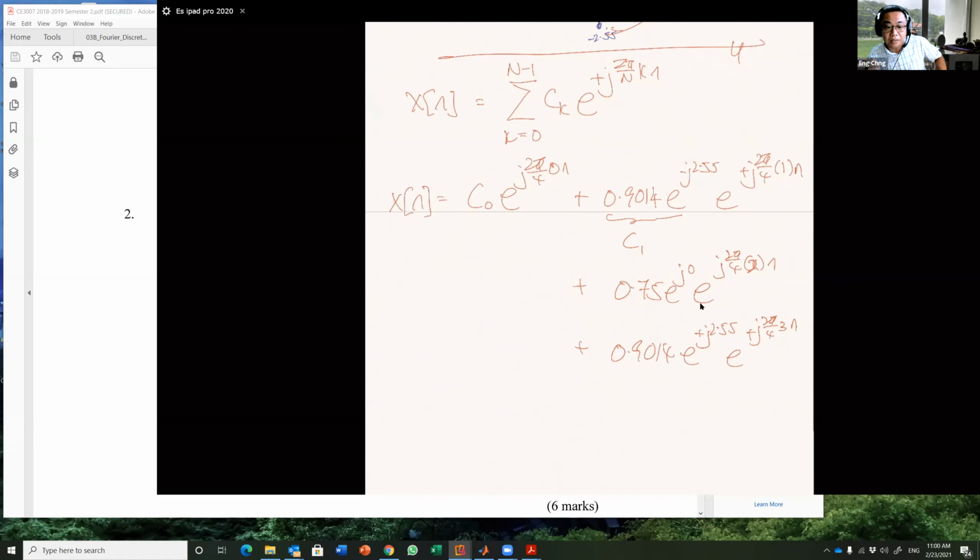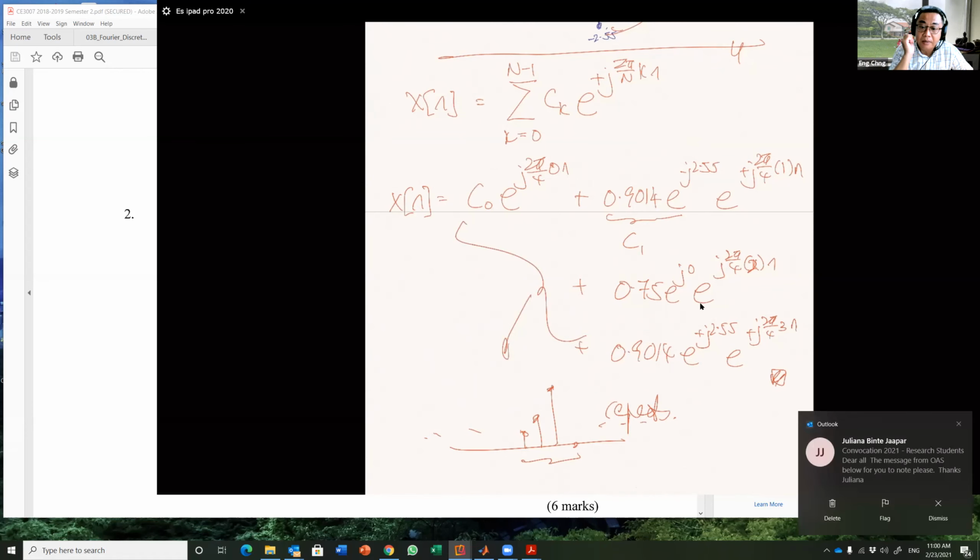This is the closed form solution to represent this sequence, which is 1, 2, 4, 0, and then repeats. In fact, you can plug this equation in and generate this sequence. No problem at all.